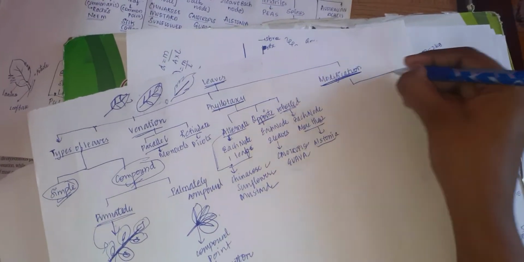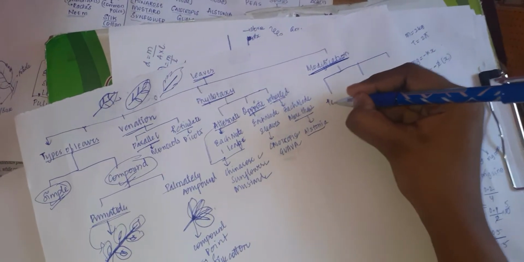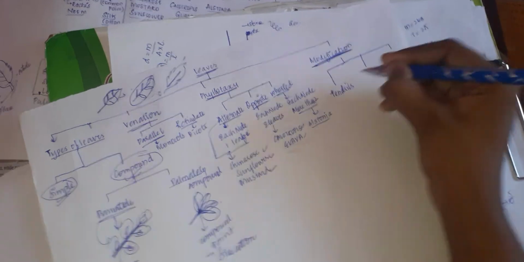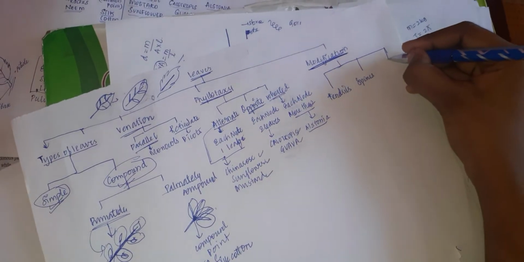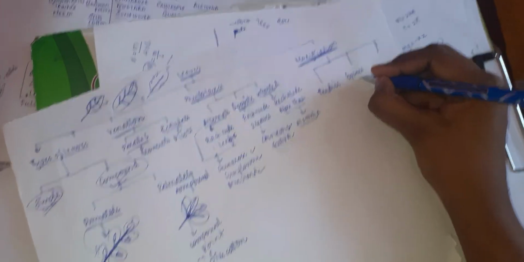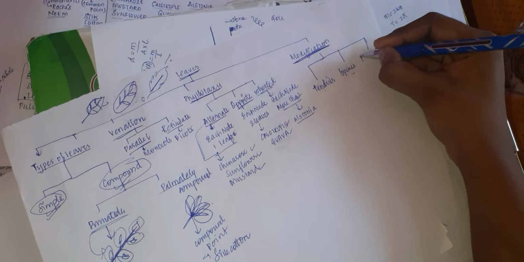And then comes modification. You have tendrils, you have spines, and guess what else they have? Leaf food storage.